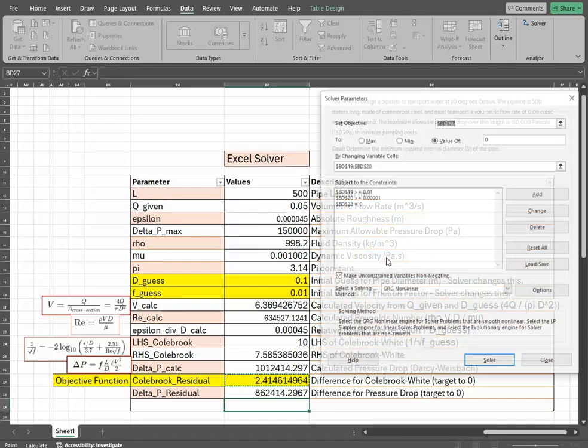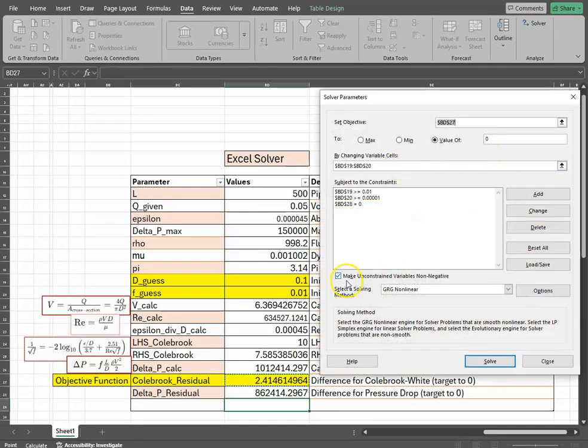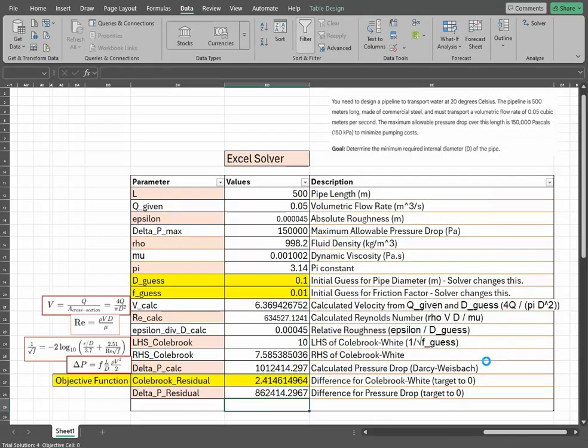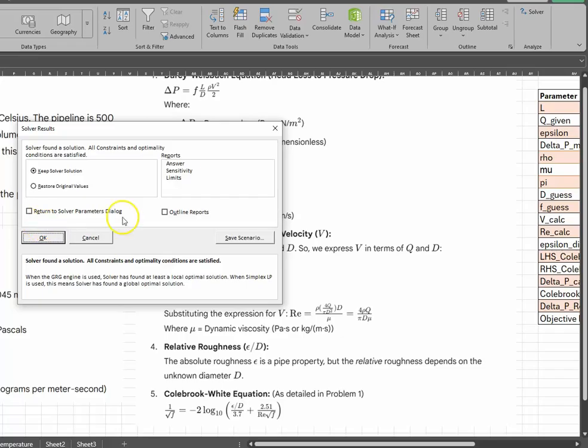Now OK. Now here, I have to tick mark make unconstrained variables non-negative, and here I am using GRG nonlinear, that is the method. Okay, now if I solve, I'll get some result.